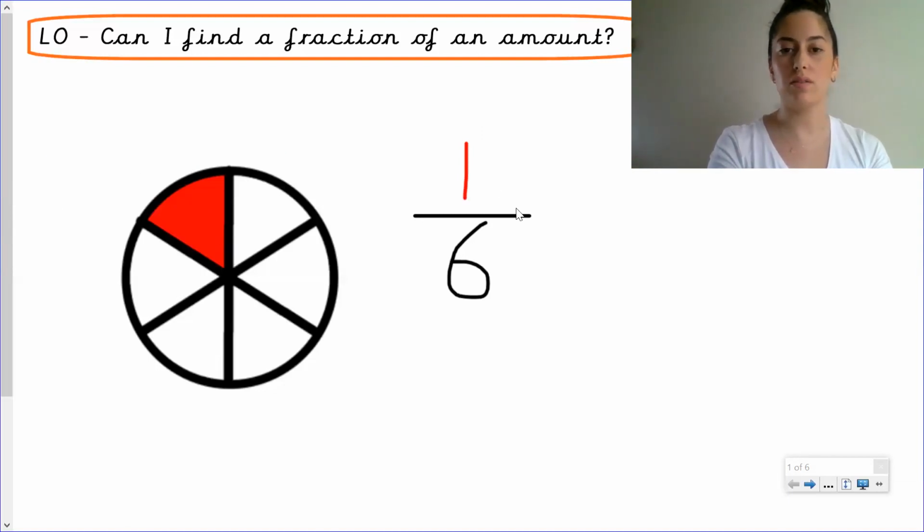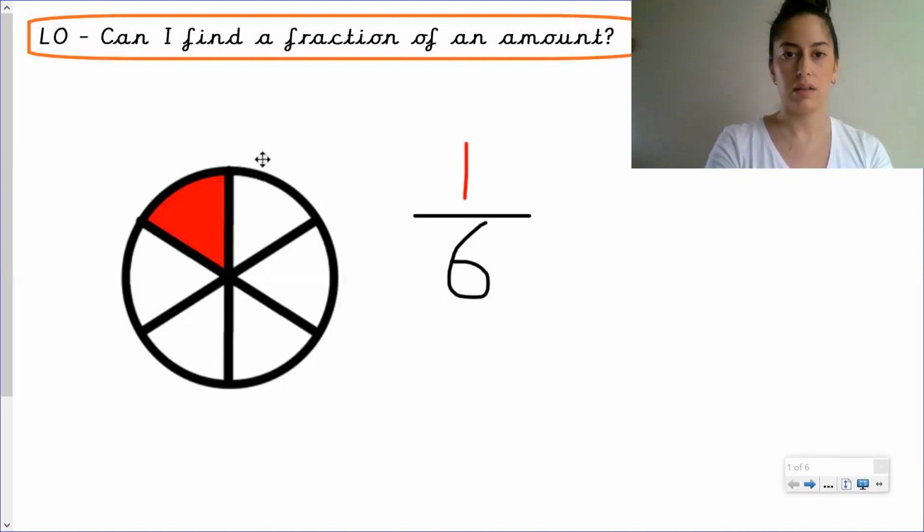So thinking back to our numerator and denominator, the numerator represents the number of parts being considered, and the denominator represents the number of equal parts that the whole is divided into, or the number of equal parts that represent the whole.